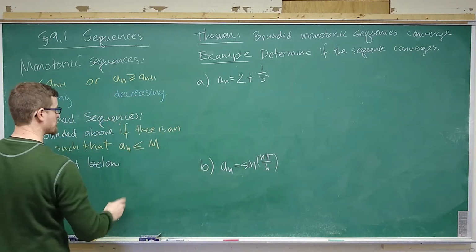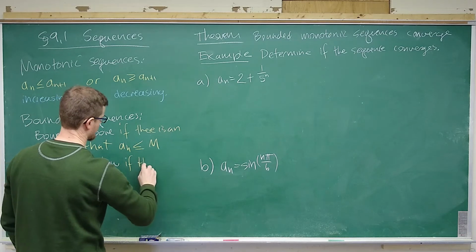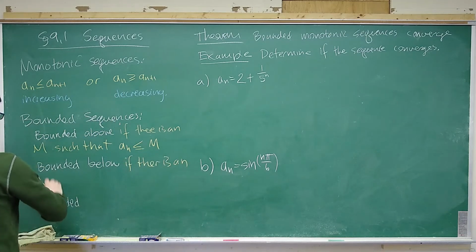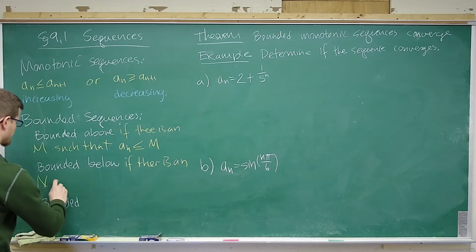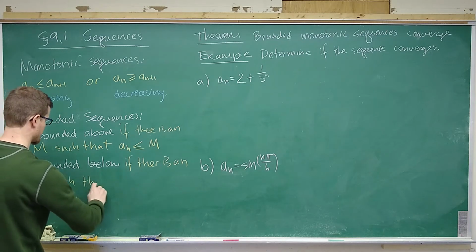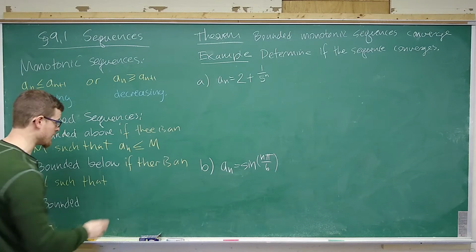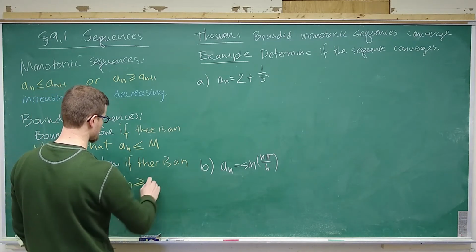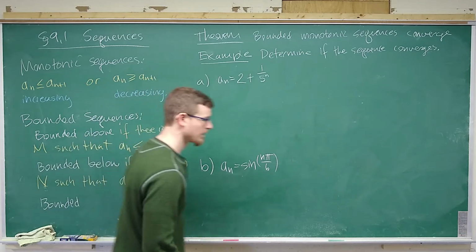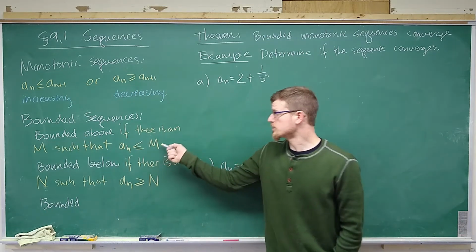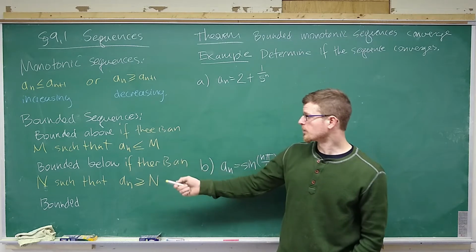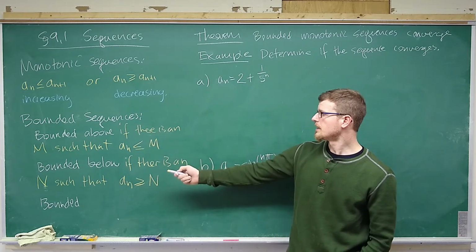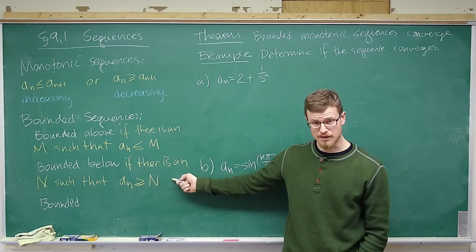A sequence is bounded below if there is a real number N such that a sub n is greater than or equal to N. So we're bounded above if we're always below something, and we're bounded below if we're always above something.